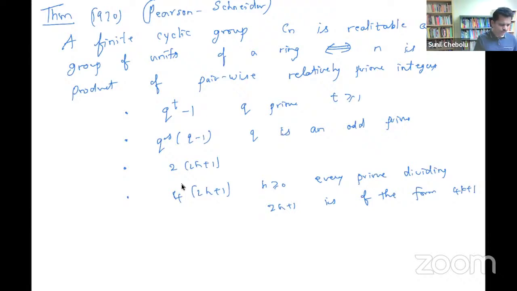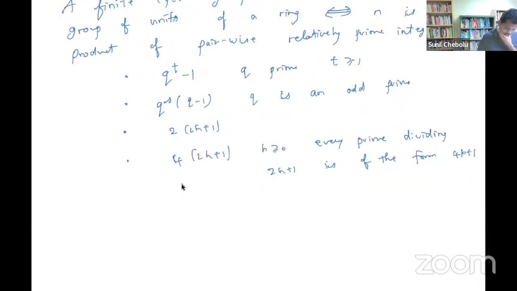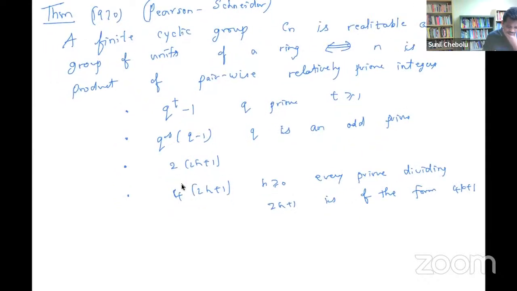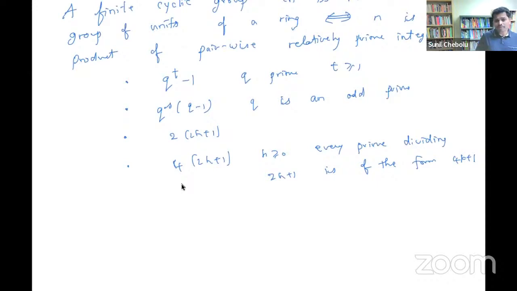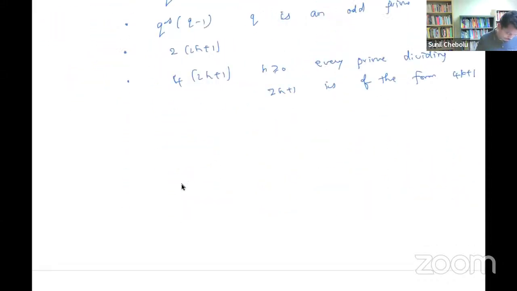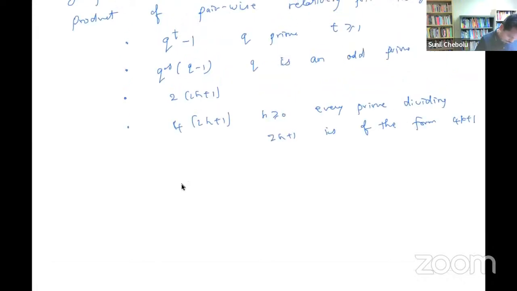So it's very simple. And now, after this, a simple question is that because every finite abelian group is a product of cyclic groups, can we not complete the problem for finite abelian groups? So that turns out to be a wide open problem.